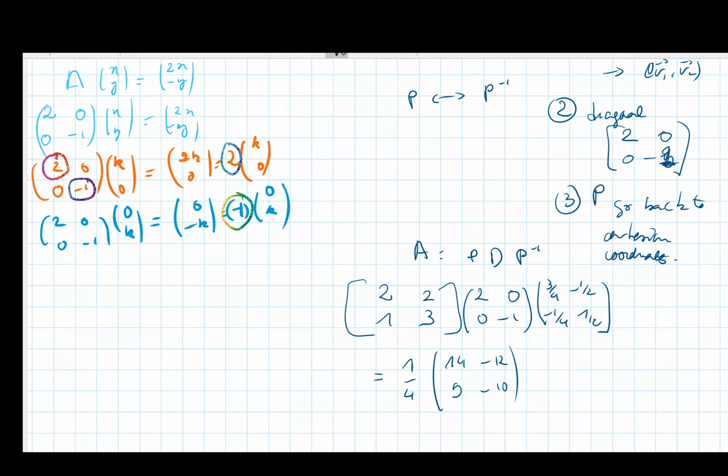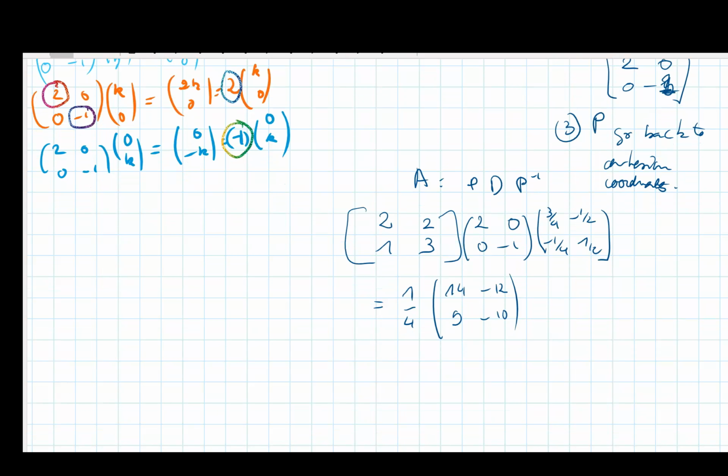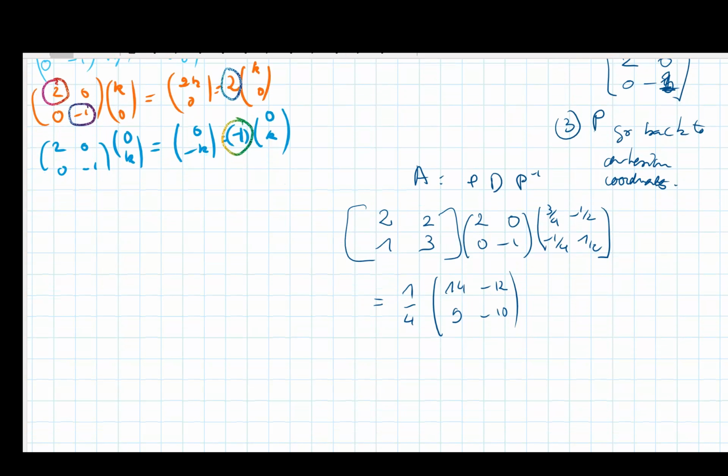So this is a pretty complicated matrix, although its action is very simple if you take the right angle of view, which means looking at this matrix using a change of basis, where it becomes a very simple diagonal matrix. You can check this by applying it to my v1 vector, (2, 1). For the first coordinate, 14 times 2 is 28, minus 12 makes 16, divided by 4 gives 4.